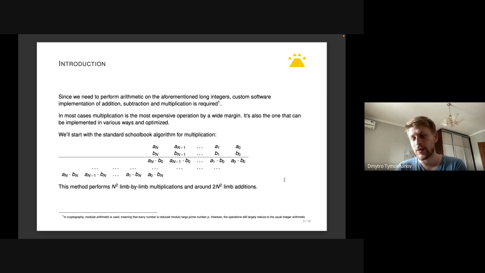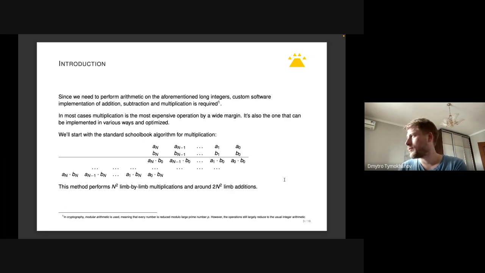There's a caveat that we need to multiply them modulo a prime number, because most of the arithmetic in cryptography is field arithmetic. But we'll not talk about that today. I was going to, but it turned out that it would have been too long of a talk. There are some caveats, of course, when using, for example, Montgomery multiplication.